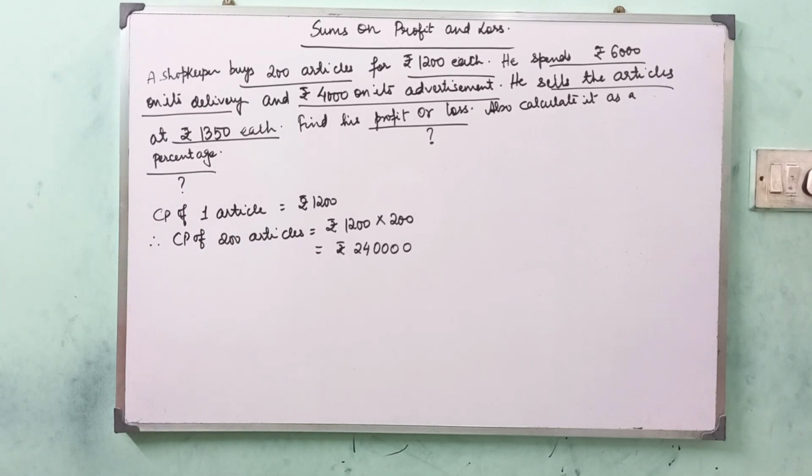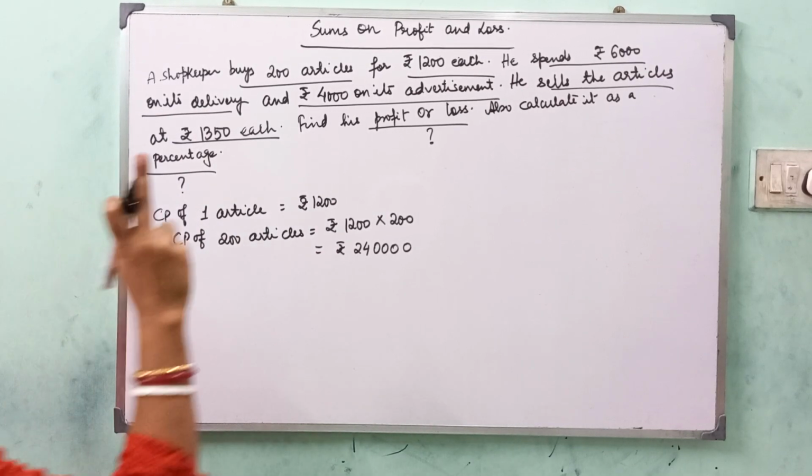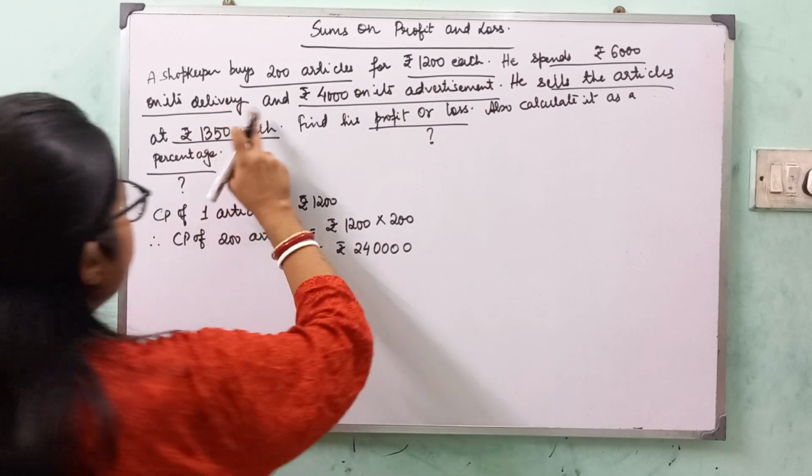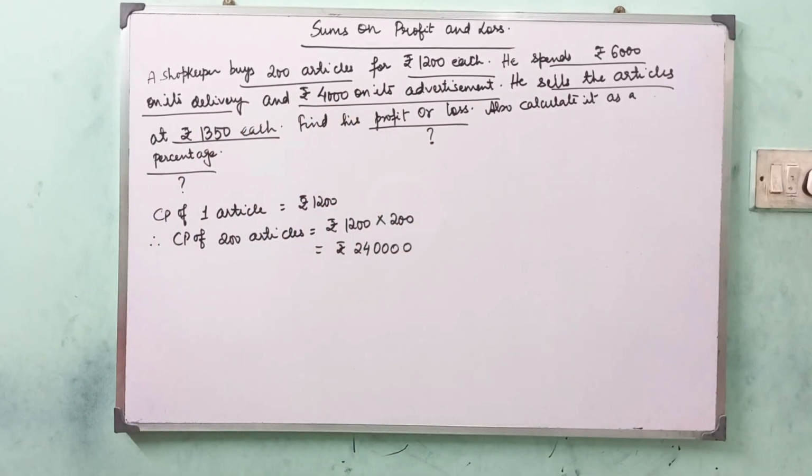Okay. Next, he is spending 6,000 on its delivery and 4,000 on its advertisement. So what are these? This is the overhead expenses.